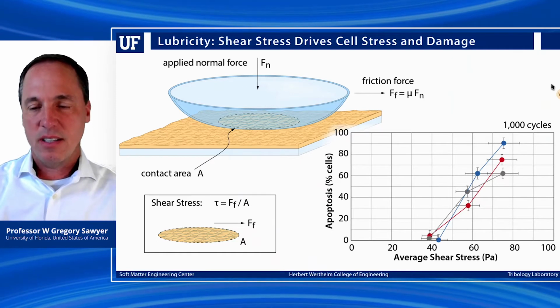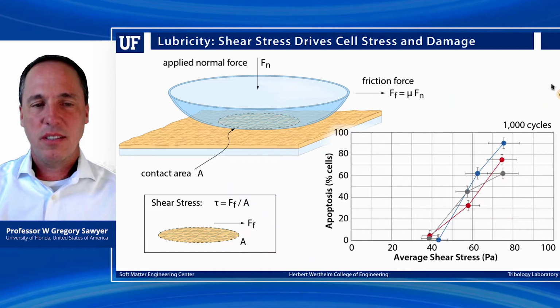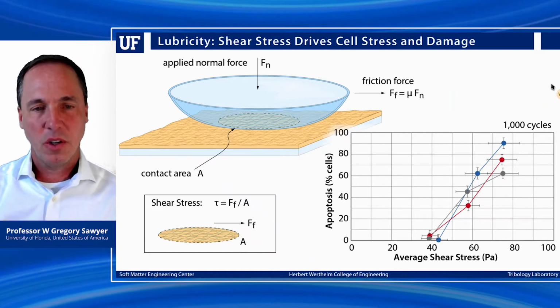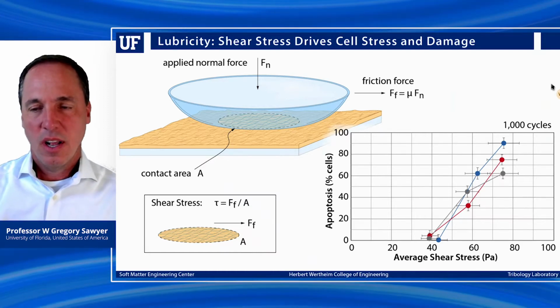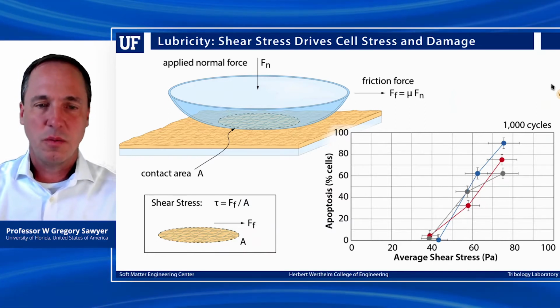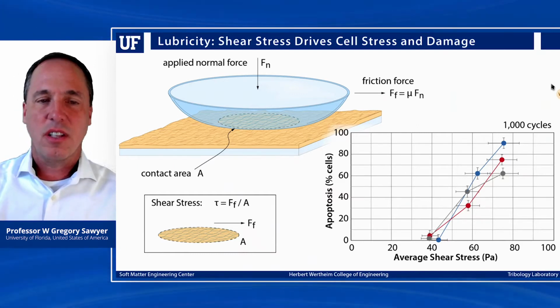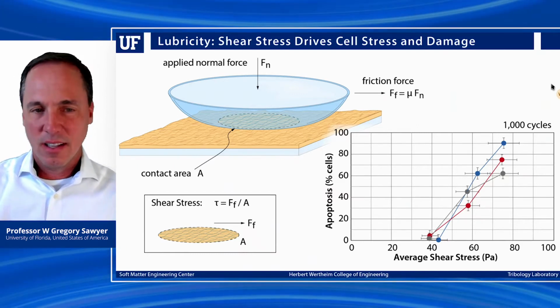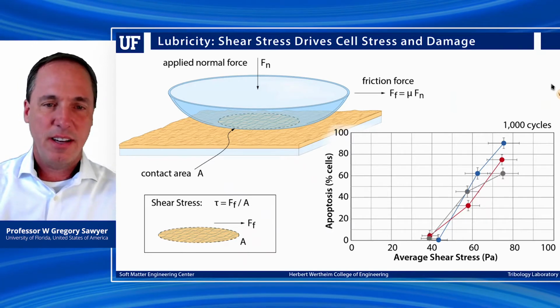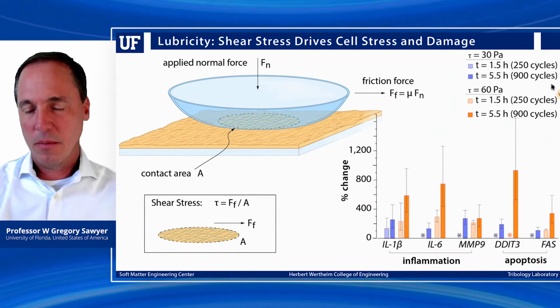And what we can see is that as we go over 40 pascals of shear stress, we start to detect an increasing amount of apoptosis in these cell models. So it looks like the shear stress threshold is something that's important in terms of cell damage. And it's interesting that in this model, it looks like the physiologic level is the level that biology has basically designed itself to. It tries to stay below this 40 pascal level.